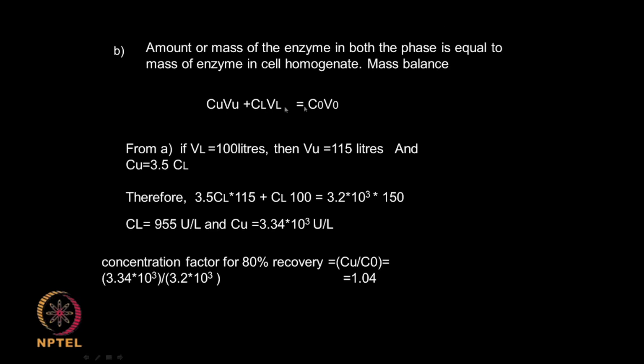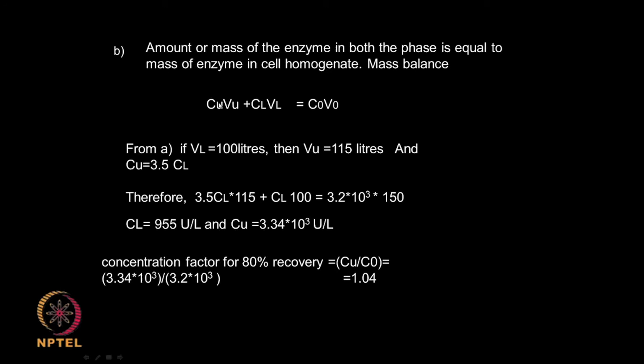What is concentration? You know Cu Vu plus Cl Vl is equal to C naught V naught, where C naught is original concentration, and V naught is total volume initially. So, C naught V naught gives you the total amount of solute. Now, the total amount of solute in the upper, total amount of solute in the lower, okay. And we know VL is 100, VU is 115 because we calculated VU by VL as 1.15. Now Cu is equal to 3.5 Cl, okay.